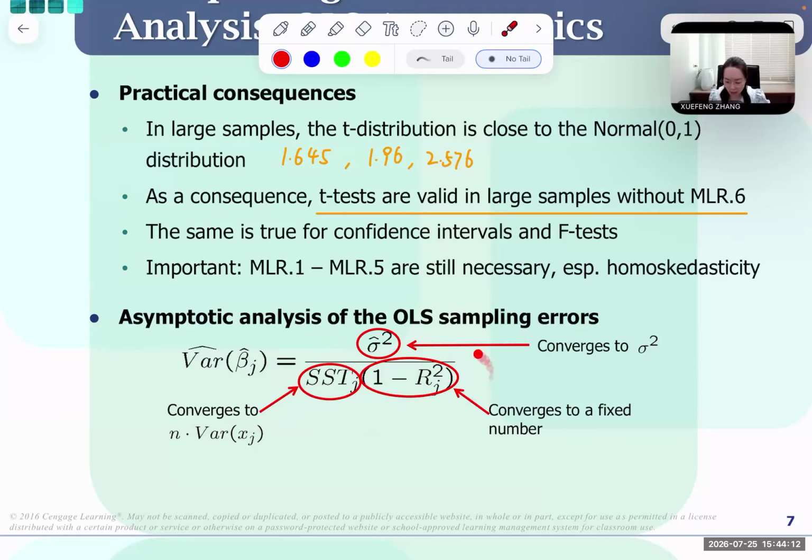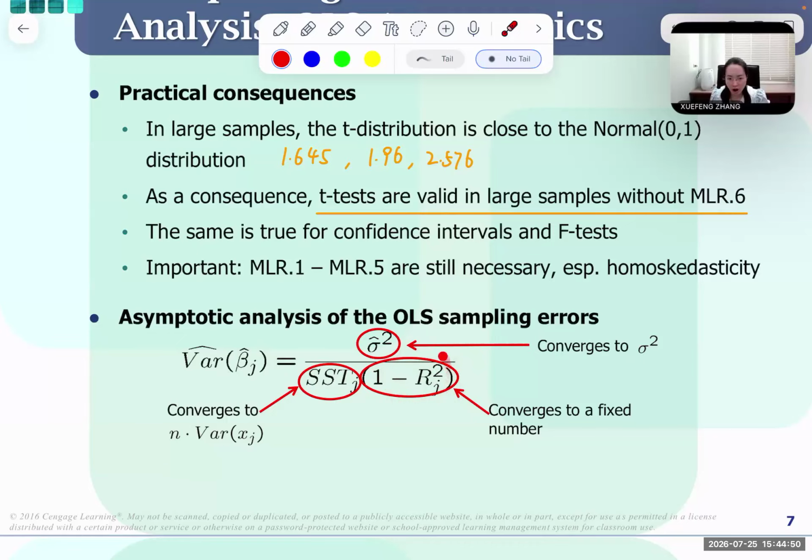We have this formula: the variance hat of beta j hat equals sigma squared hat over SST_j times (1 minus R_j squared). Sigma squared hat converges to sigma squared, the true error variance, and SST_j grows roughly proportional to n times the variance of x_j. It keeps growing as we add data.